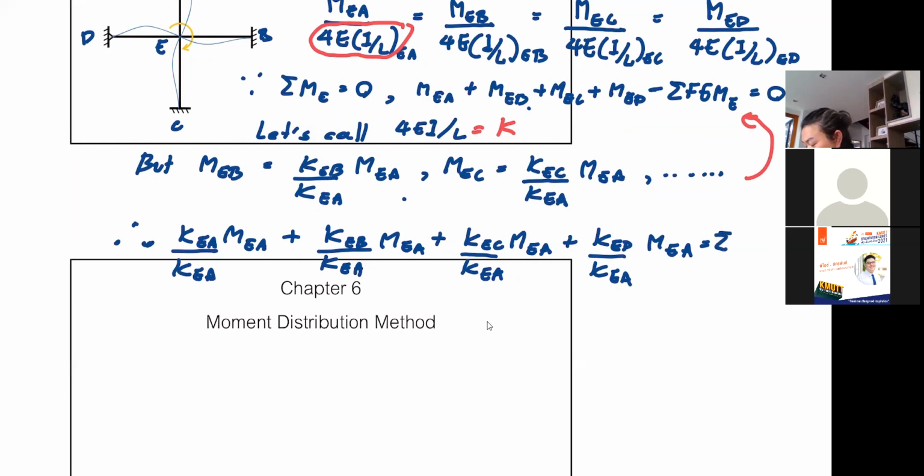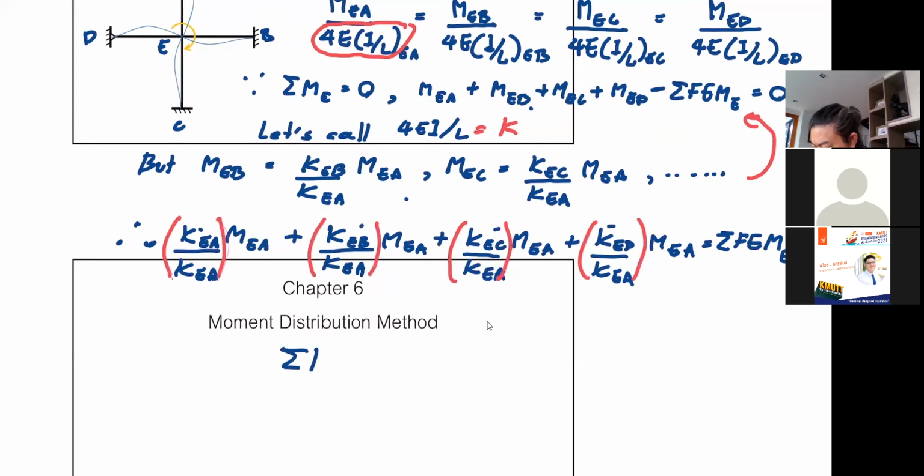So the whole thing must be equal to the summation of fixed end moment at E. So I can rearrange the terms, and now it becomes KEA plus KEB plus KEC plus KED, the sigma KE, right?